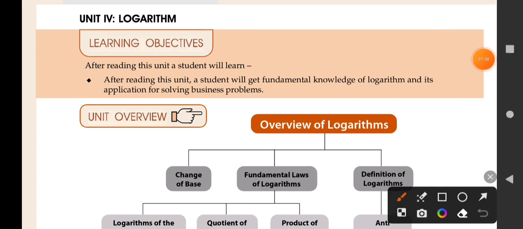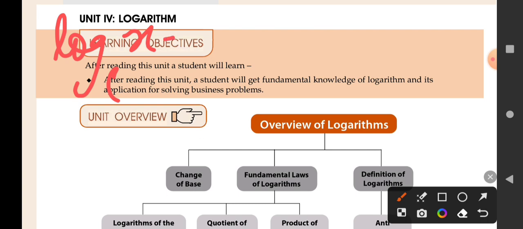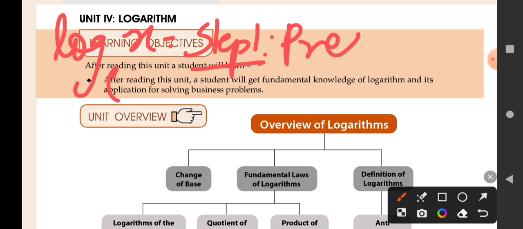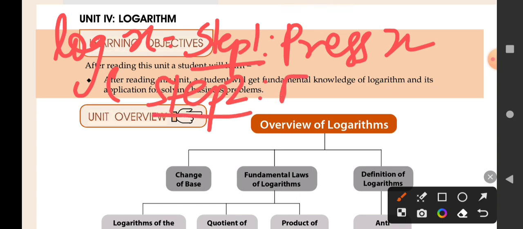Next, how to convert this effective interest into continuous interest, that is log e of suppose x. Step 1: press x on your calculator. Step 2: square root 12 times.